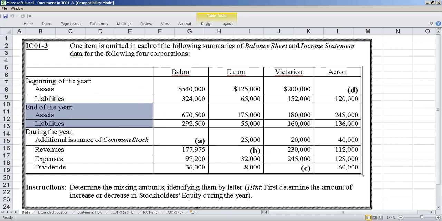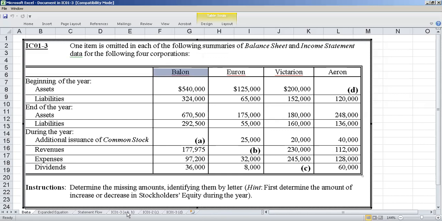So we've got balance sheet information here, income statement information here, and retained earnings statement information here. As long as we only have one unknown, we can solve for anything that would be missing. We'd have a problem if there was more than one unknown. But if there's only one thing that's unknown, it's pretty straightforward. So we'll do Baylon together, and then you can do the other three on your own. We should have enough time to get through Baylon.